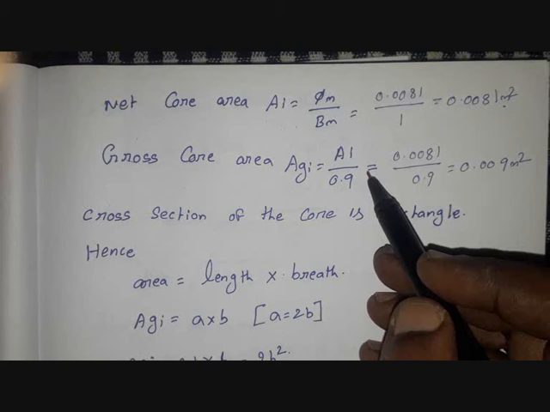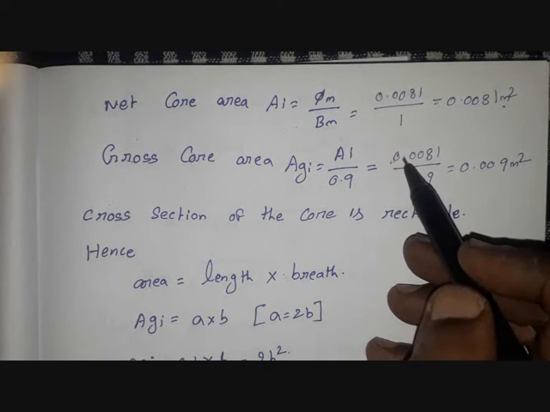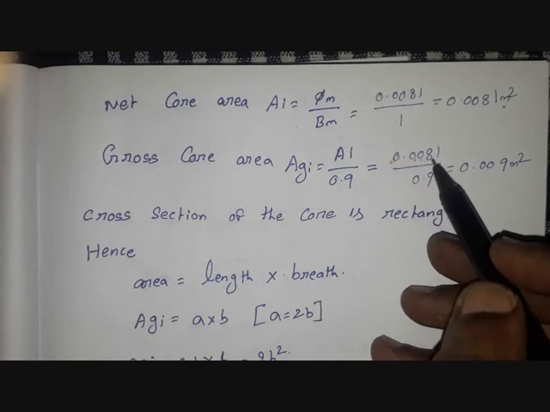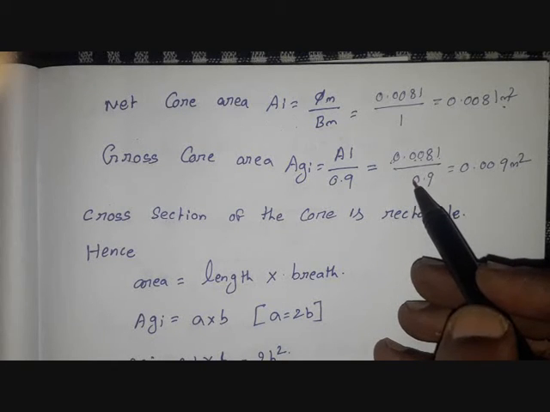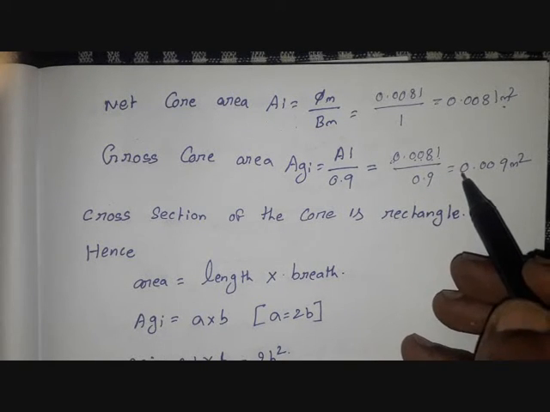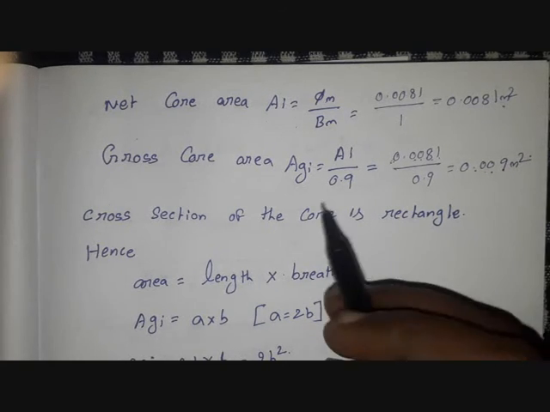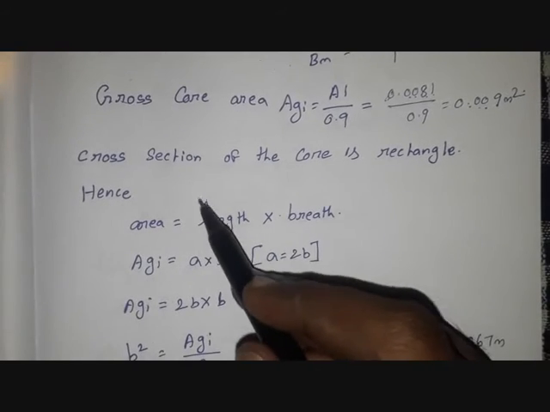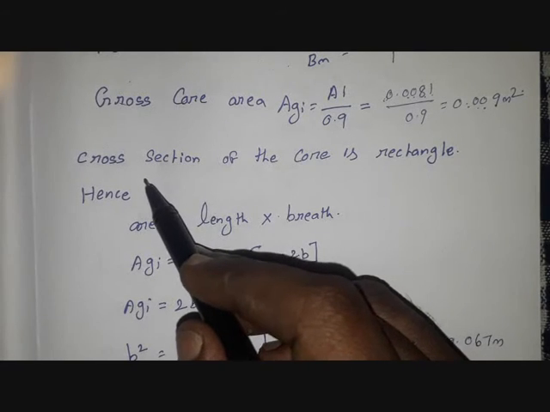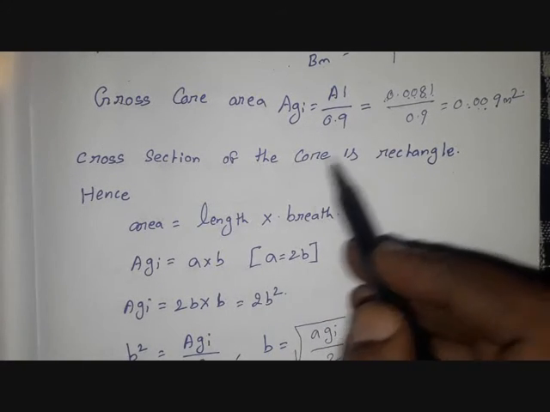This is for rectangle value, is equal to 0.0081 divided by 0.9. We get 0.009 meter square.